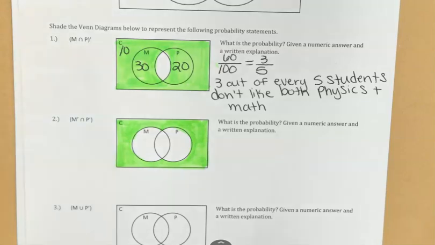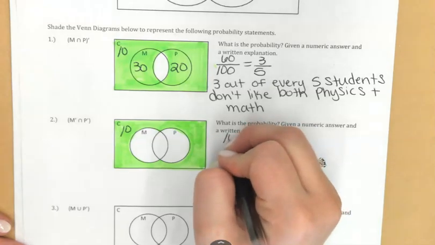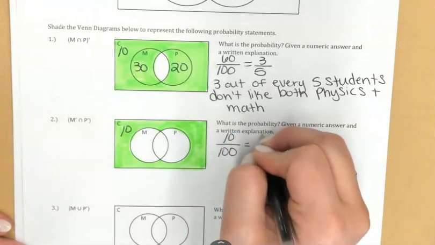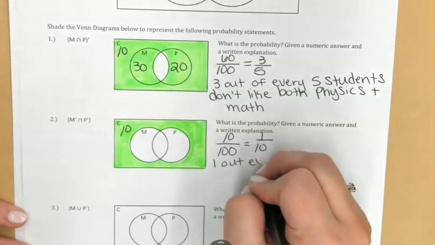And now numerically, I had 10 out there. So this probability is going to be 10 out of 100, which reduces to 1/10. So 1 out of every 10 students is represented.